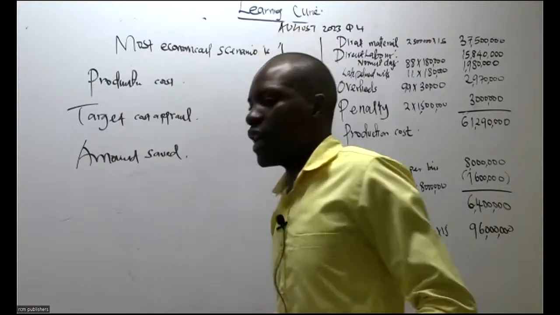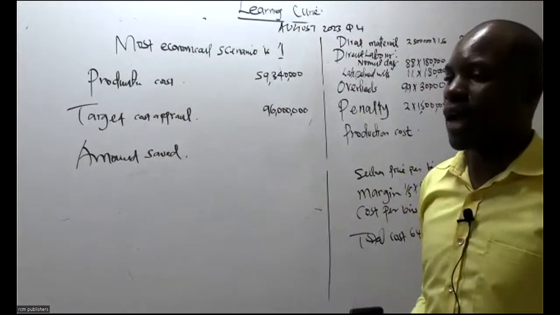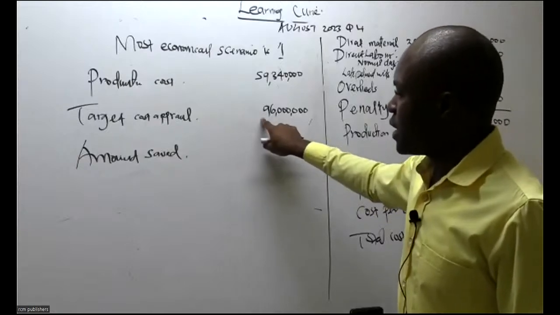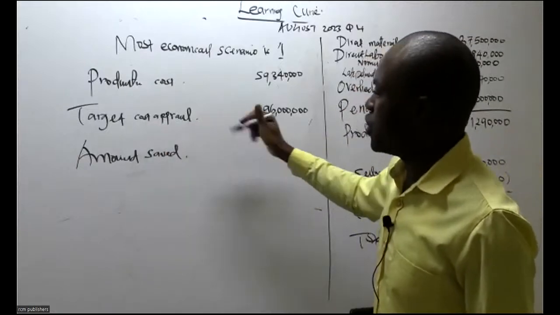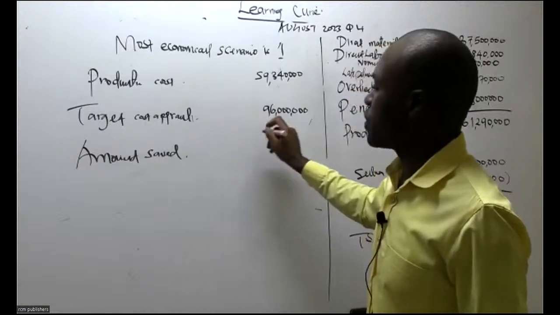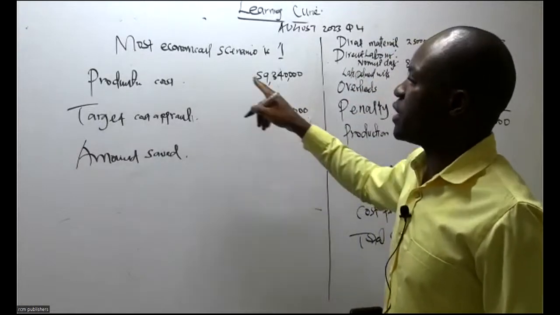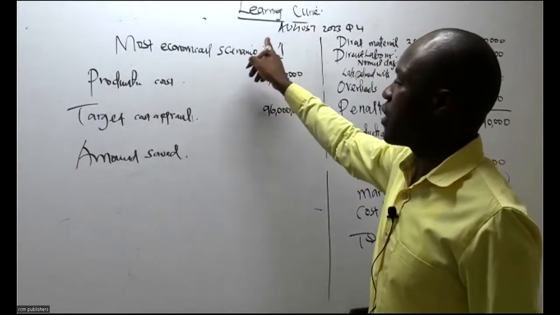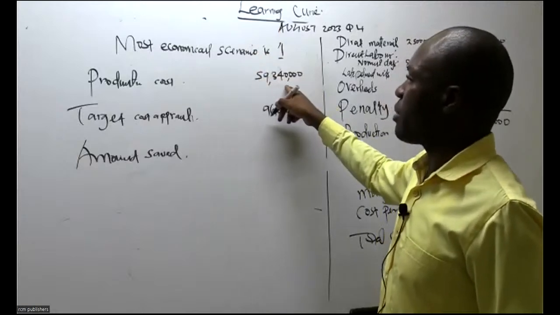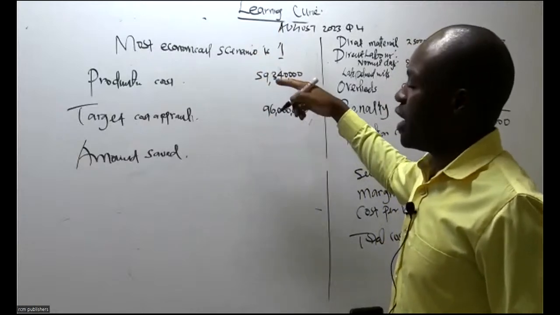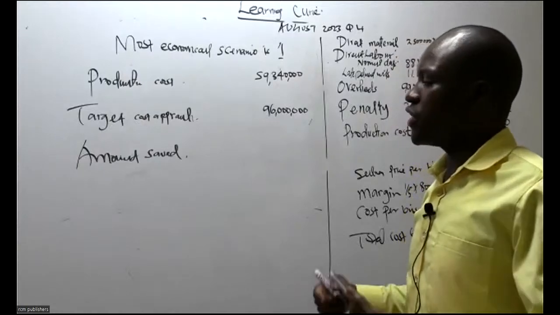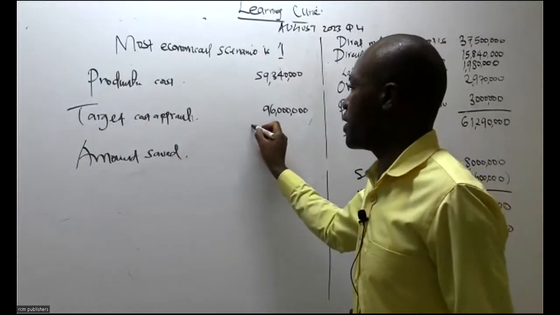As a company, you are trying to minimize cost of production. The target cost approach is telling you that you are supposed to spend 96 million. But if you go to the production cost under the scenarios, you are only spending 59,340,000. So there's a benefit. There's amount you are going to save. The amount saved is now the difference.